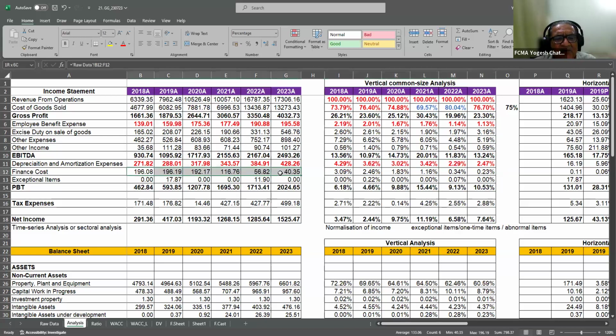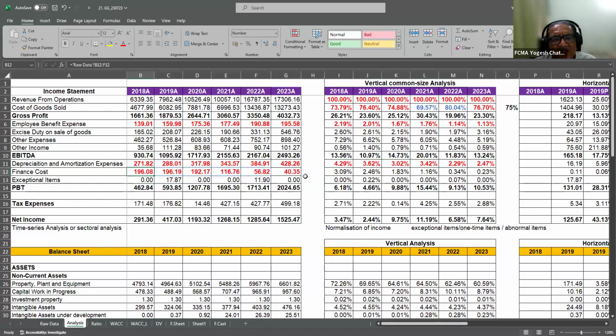Finance cost, as you are all aware, is reducing, as you can see here. In absolute terms also, it has gone down from 196 crore to around 40 crore in 2023, and in percentage terms also it is reduced. The capital structure of a company comprises mainly 2 components, debt and equity.